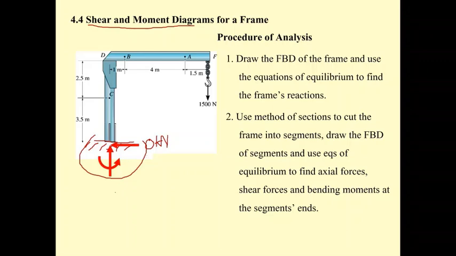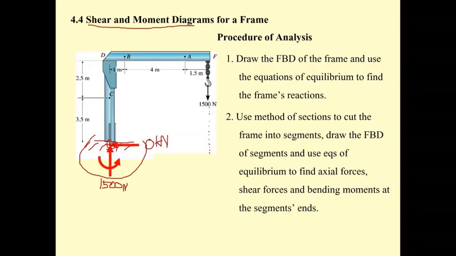And then if you do the summation of F sub y equal to 0, you will get the vertical force going to be equal to 1,500. Again, by using this frame, if you take the moment about this point, the moment is going to be equal to what?